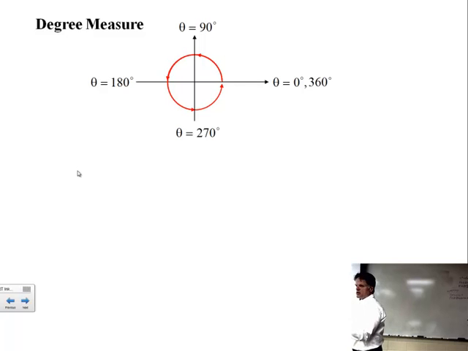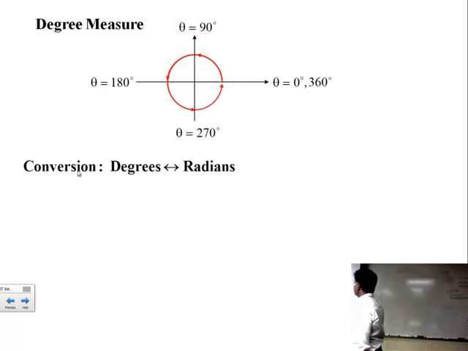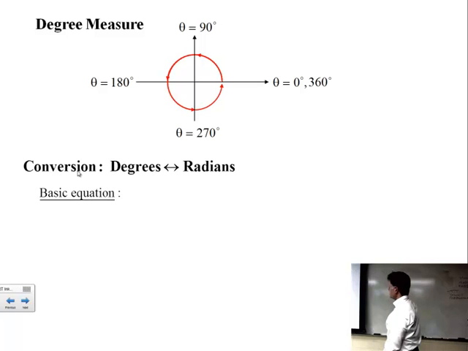In radians, what is that? Pi over 2. And a half rotation is 180 counterclockwise, so that's pi, and then 270, 3 pi over 2.